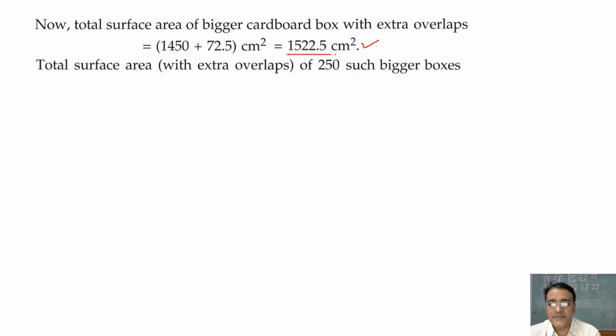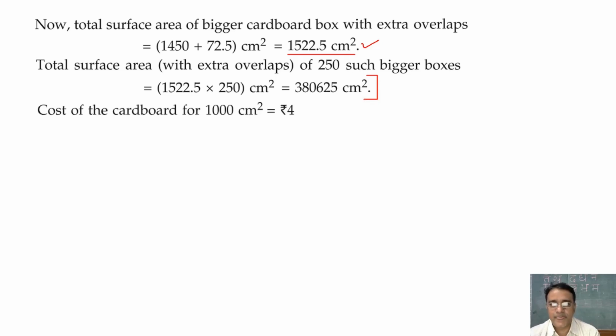So 250 से multiply करेंगे इसको. Okay. So if you multiply it with 250, we are getting 3,80,625 centimeter square. Now cost of 1000 centimeter square is given rupees 4. So 1 centimeter square कितना हो जाएगा?